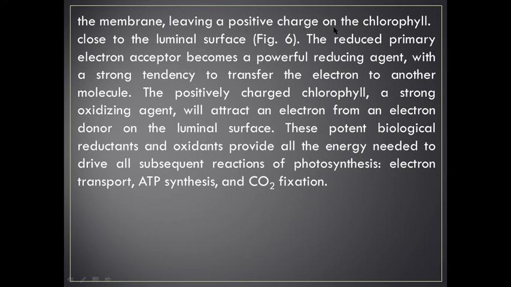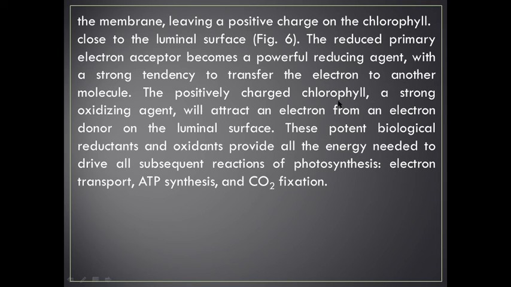leaving a positive charge on the chlorophyll close to the lumen surface. The reduced primary electron acceptor becomes a powerful reducing agent with a strong tendency to transfer the electron to another molecule.